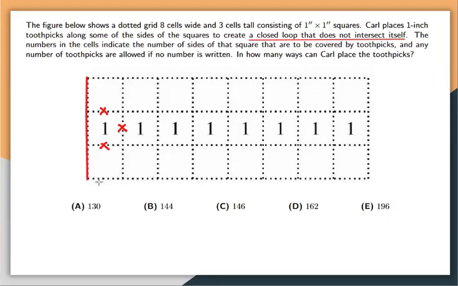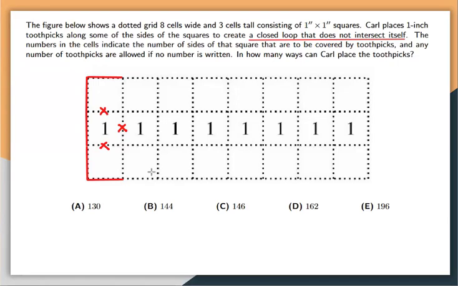Now we can continue this way because we need a closed figure, which makes a picture like this. From here we may go downward or go this way, and the same with this side. Whatever we did on the left side, we can do on the right to make a closed shape.